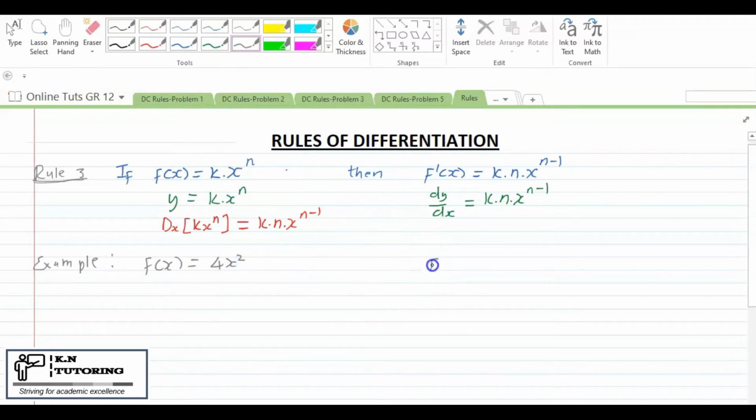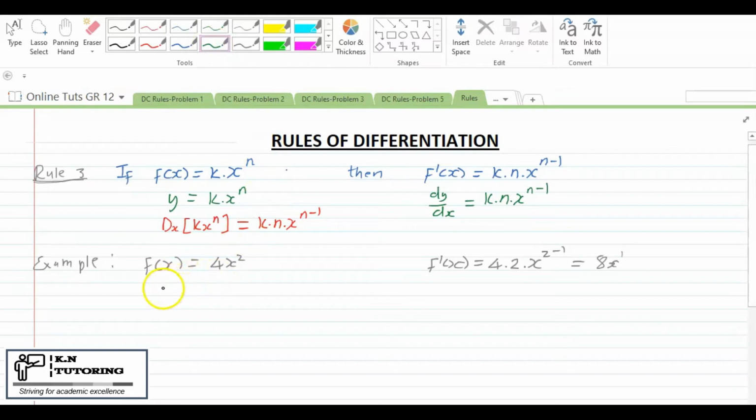The derivative will be f prime of x equals, I've got my k, in this case my k is 4. Then I take my 2, which is n, I drop it, it becomes 2. Then from the very same 2 I subtract 1. And then when I simplify this, I'm going to get 4 times 2, it's 8x to the exponent 1.